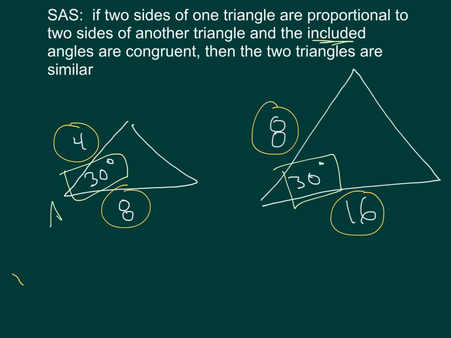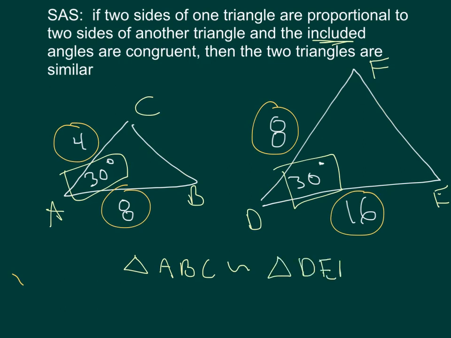If this is triangle ABC, and once again we'll just go with DEF, we can say that triangle ABC is similar to triangle DEF, because of side angle side.